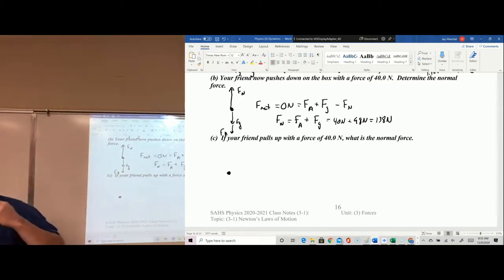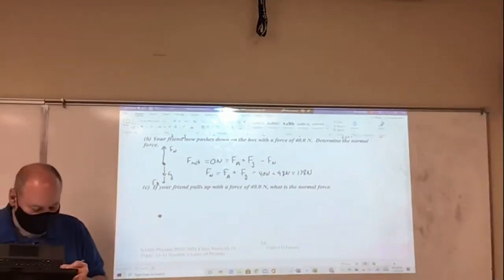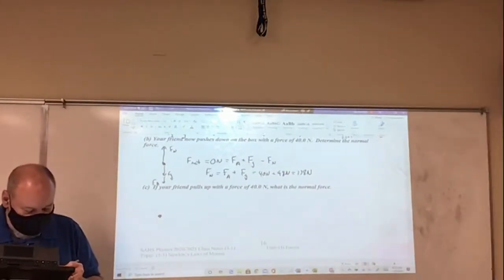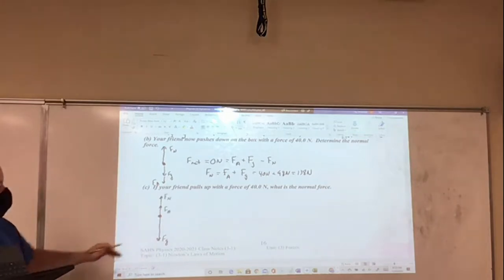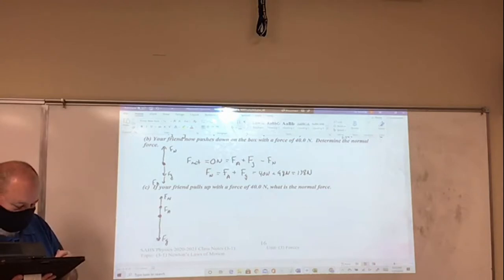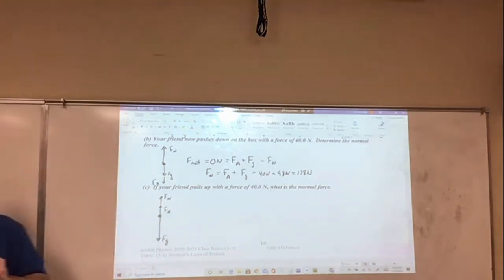So, to answer your first question, it's not going to accelerate, it's not going to move, so I still need balanced forces, but this time, force due to gravity is all that's in the downward direction. But now I've got an applied force and a normal force in the upward direction. And I heard all of you come to the correct conclusion that all this is going to do is just make the normal force less.